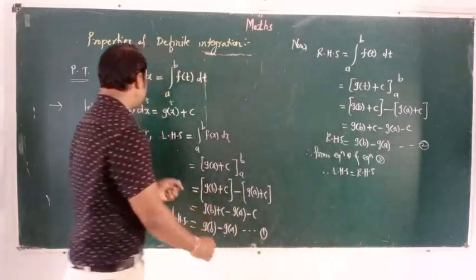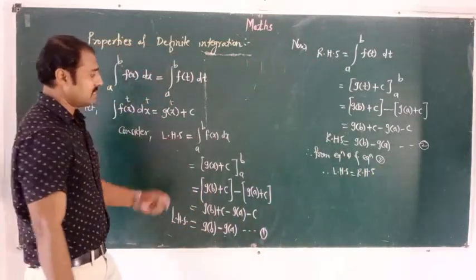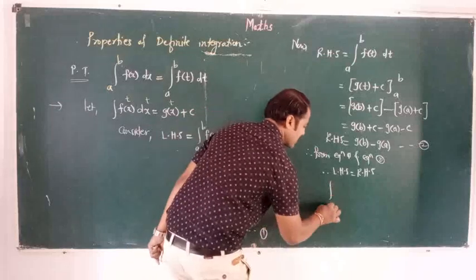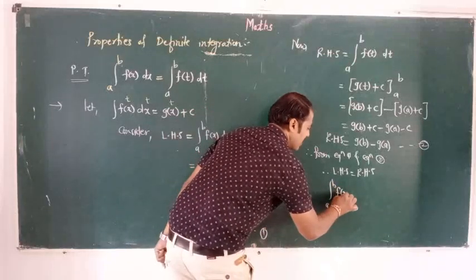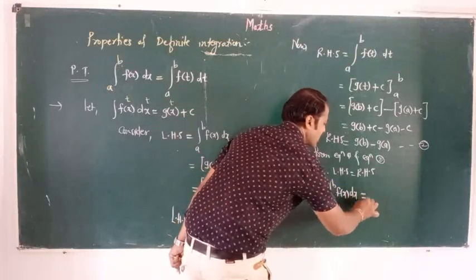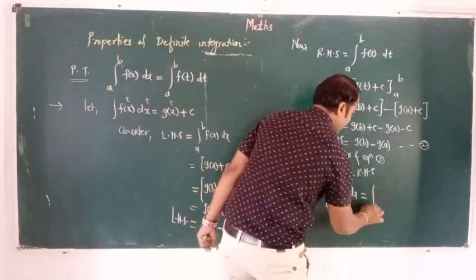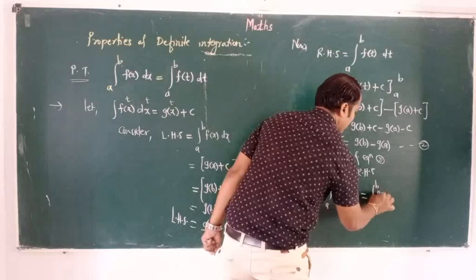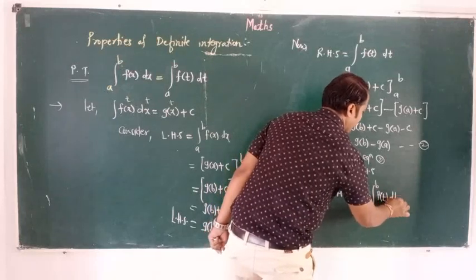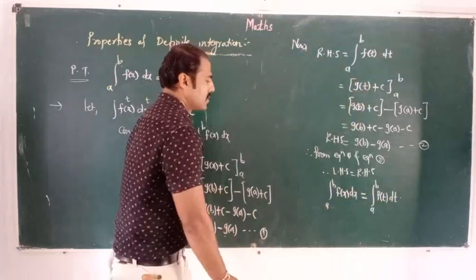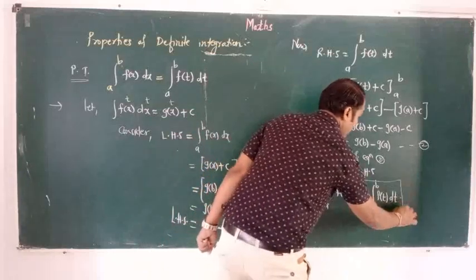LHS is the integral from a to b of f of x dx, and RHS is the integral from a to b of f of t dt. So hence the proof.